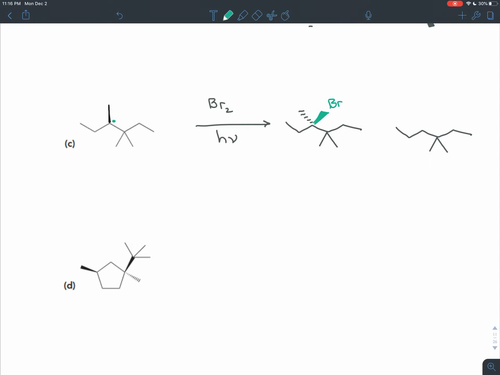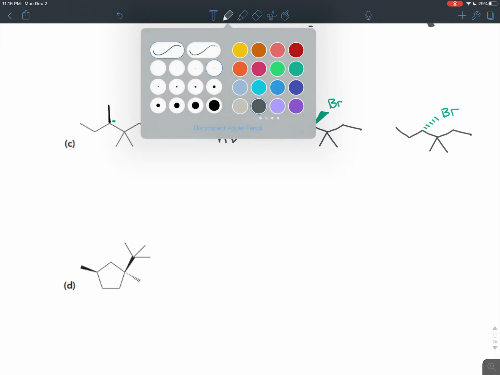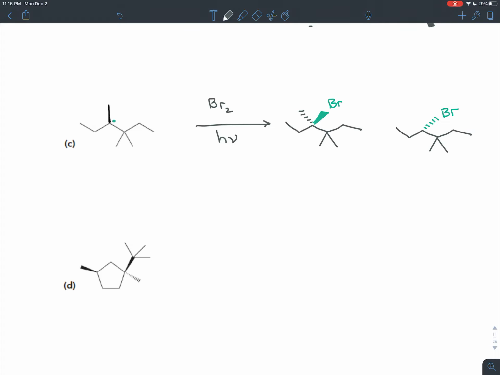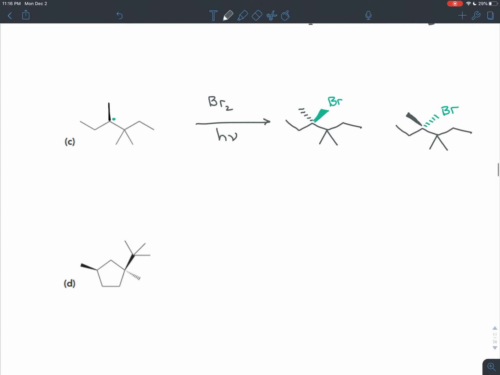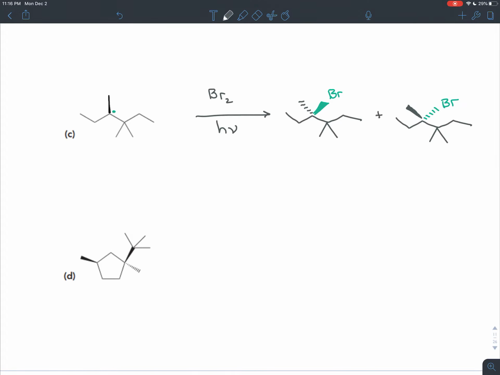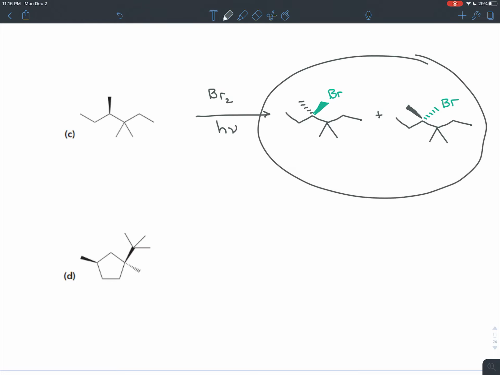It could just as easily, just as often, attack from the back, in which case it would be going away from us, and that would push this methyl group towards us. So it would be represented by a solid wedge. So if you did this radical bromination with this original molecule, you would end up with a racemic 50-50 mixture of those two products.